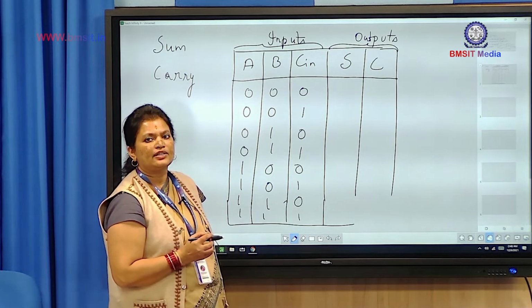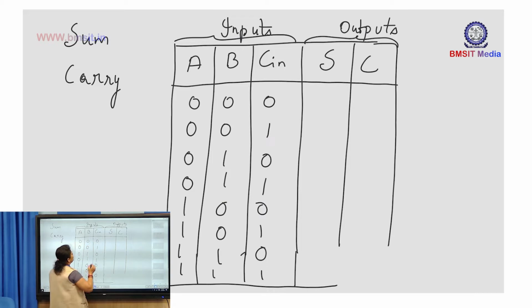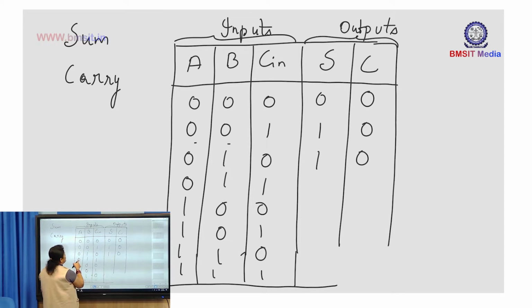Now for all these 8 combinations, let us find out the sum and carry. For the first combination, sum is 0, carry is also 0. For 0 0 1, the sum is 1, carry is 0. For the next combination, sum is 1, carry is 0. Here we have 0 1 1, so the sum is 0 with carry 1.